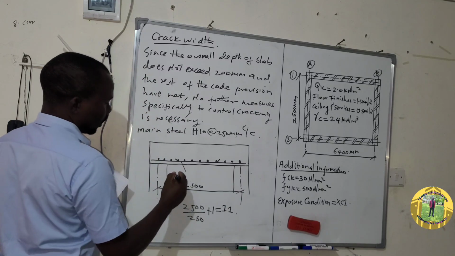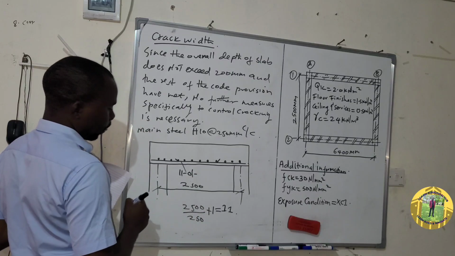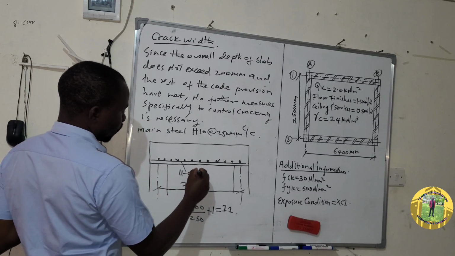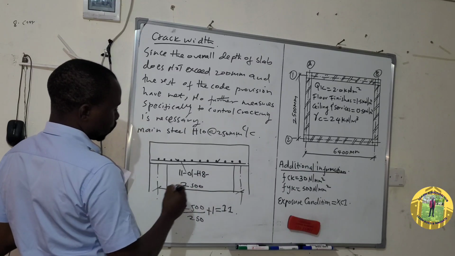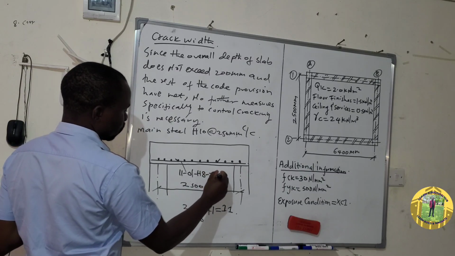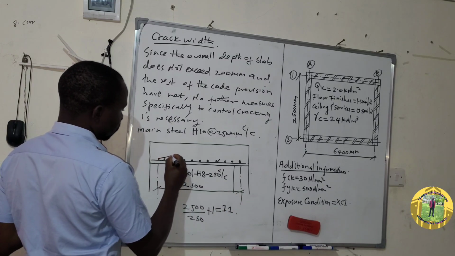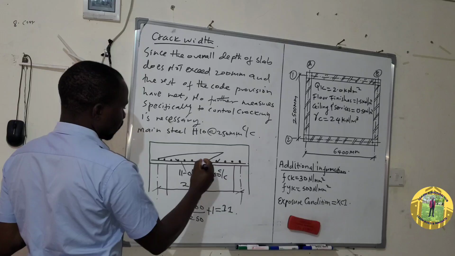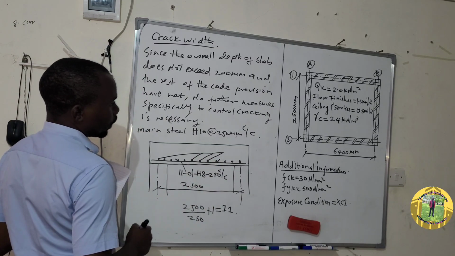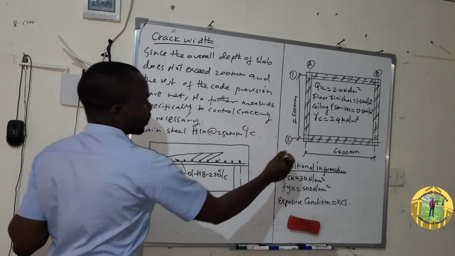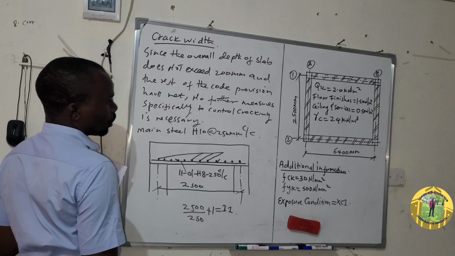So this one are 11, 01, H10 at 250 center to center. And this one are the distribution bars, all of them. So this one is distributed at this distance from here up to that point, which is 6400.